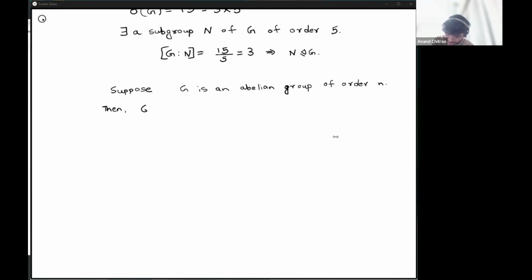Then G is isomorphic to Z_{d1} x Z_{d2} x ... x Z_{dr}, where you can arrange things so that d1 divides d2 divides ... divides dr.